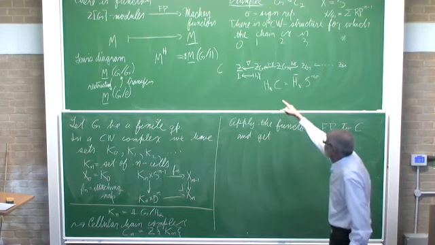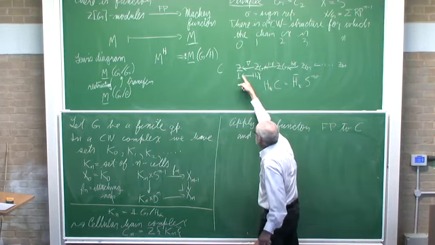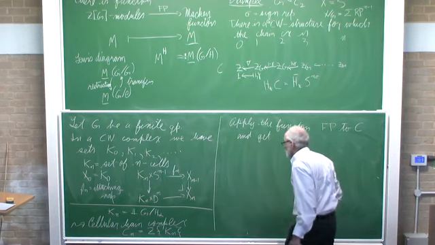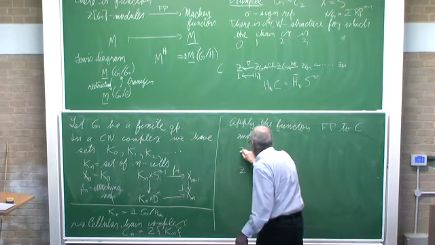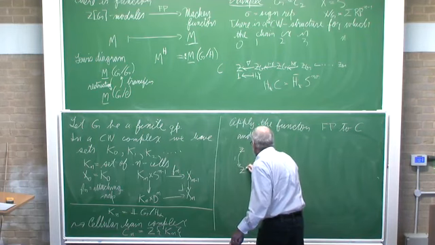Okay, so I have to figure out what happens if I do this to Z with a trivial group action. Then I get a Lewis diagram that looks like this.